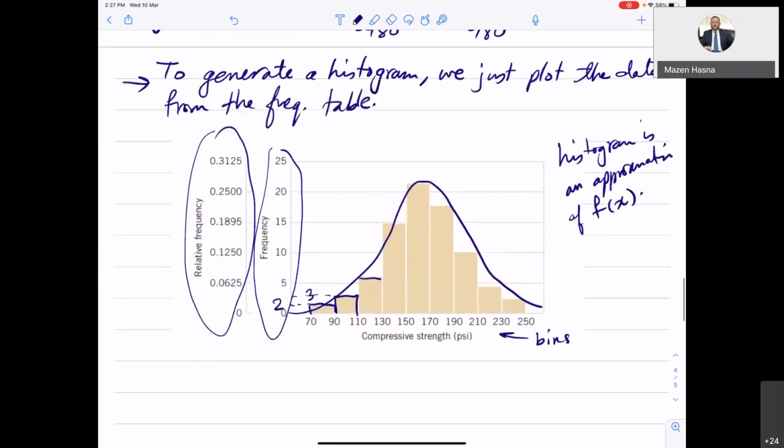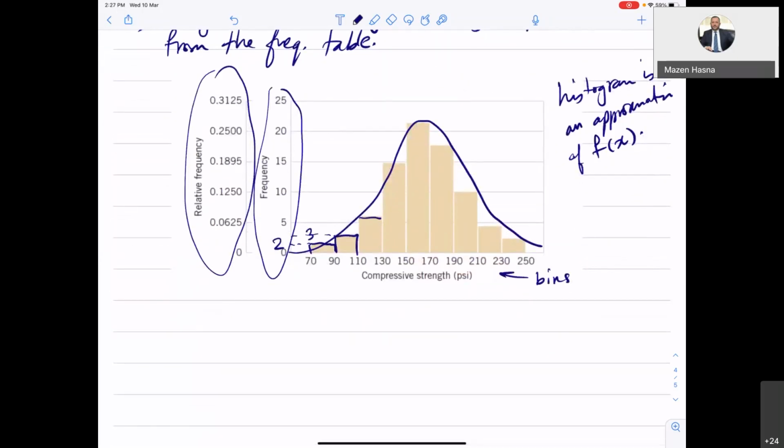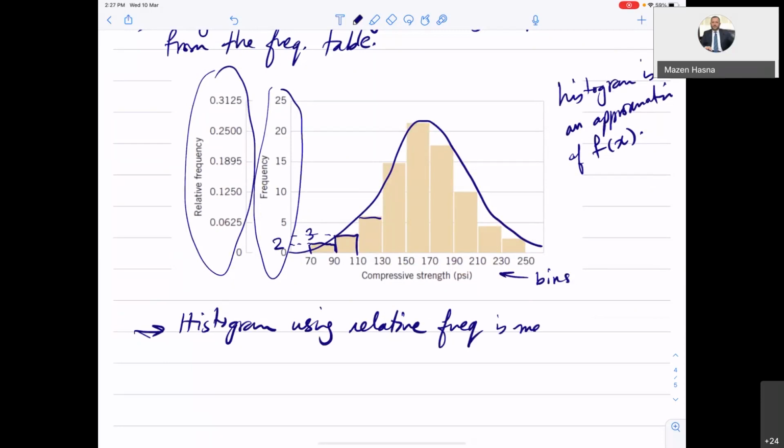So histogram, again, using relative frequency is mapped to small f of x.